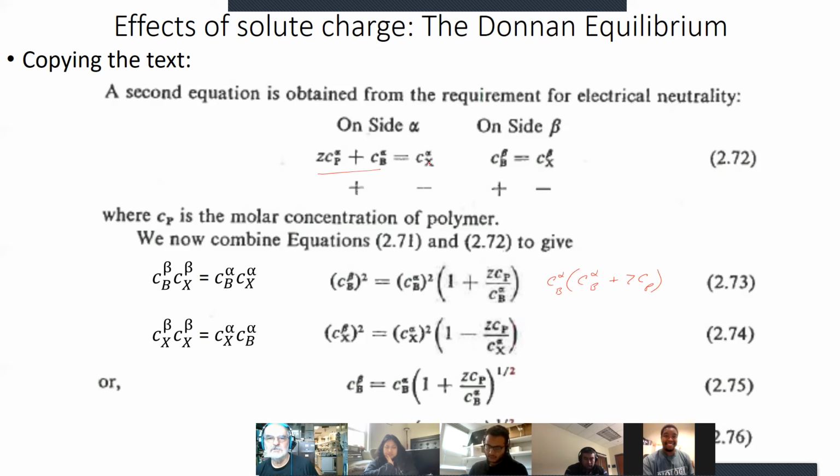I'm substituting for CX, and I'm taking the CB alpha out. So that's where I get the CB alpha squared. And to correct for that, I have to put a denominator in here of CB alpha. So I get this C squared term and this 1 plus term.